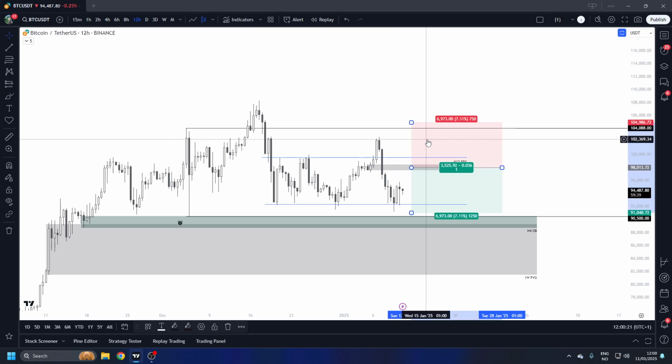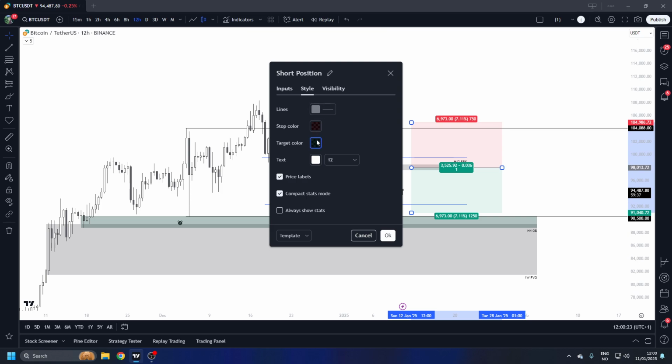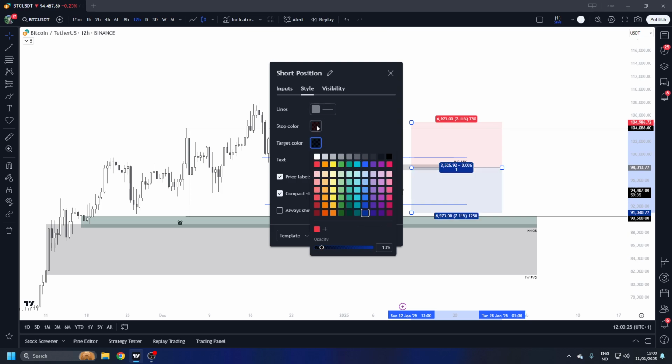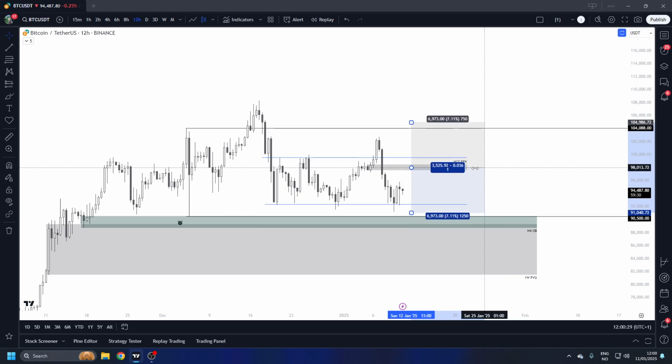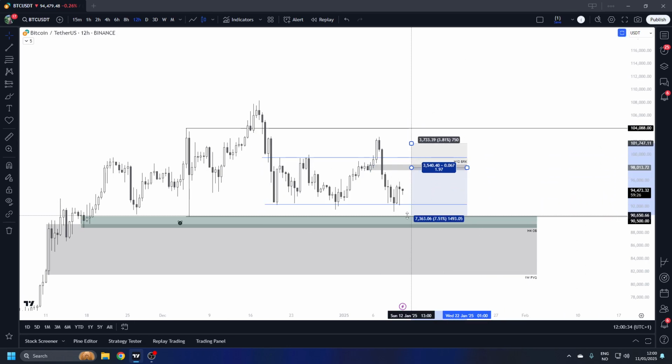Let me actually change this. I usually prefer specific long and short colors on my chart. But basically, you target this. If you have your stop above here, manual stops, you're looking at a very good risk to reward ratio trade.